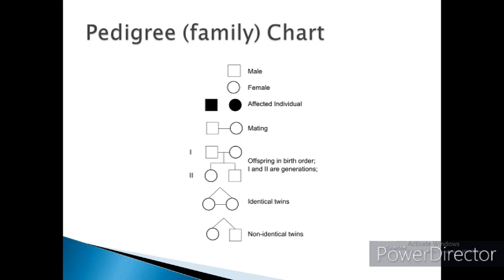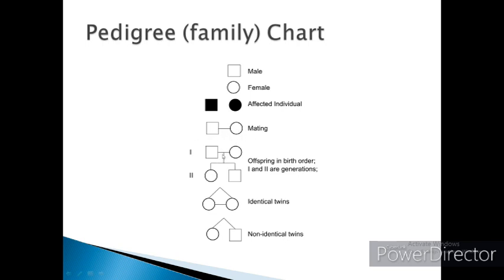So now we'll be talking about the pedigree, or the chart of the family. For understanding these things, we need to understand that the box diagram is represented for a male, and the circle is represented for a female. Whatever is given a color, if the box is filled, if the box is not hollow, then this means that it is affected.